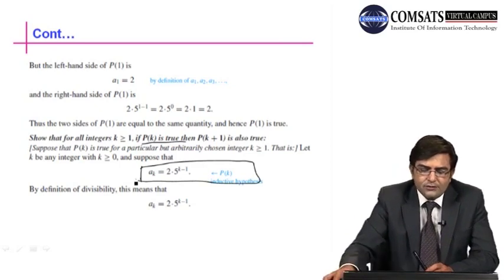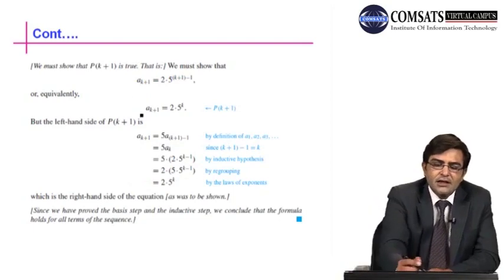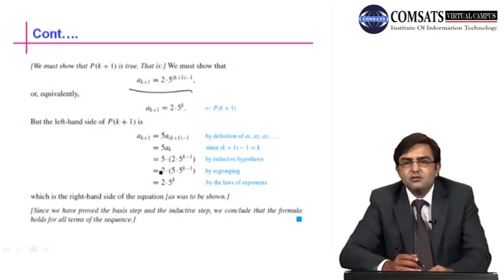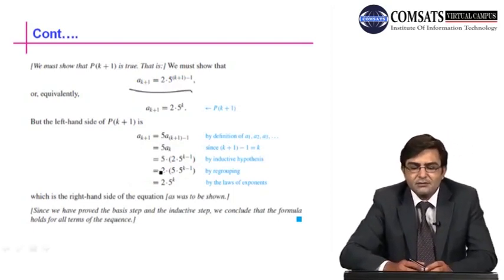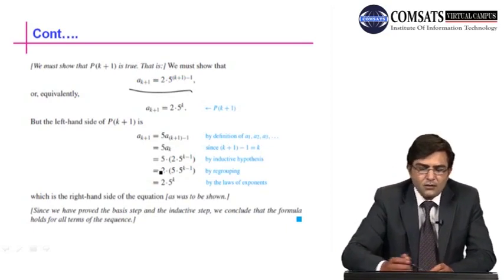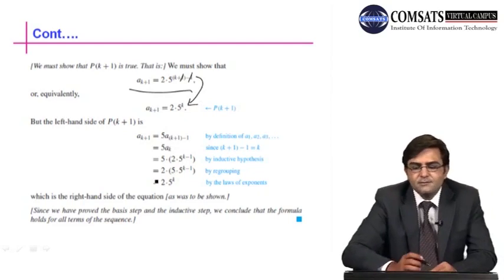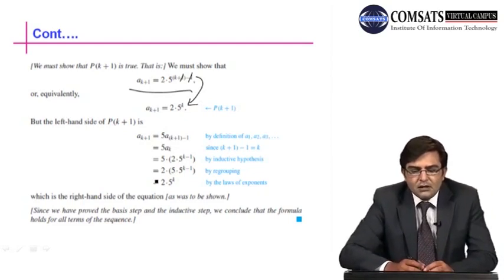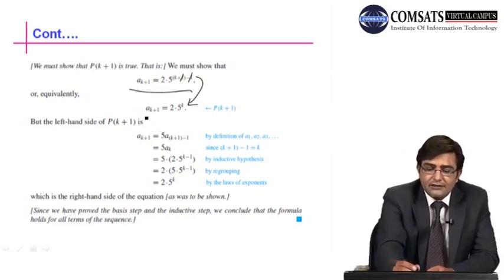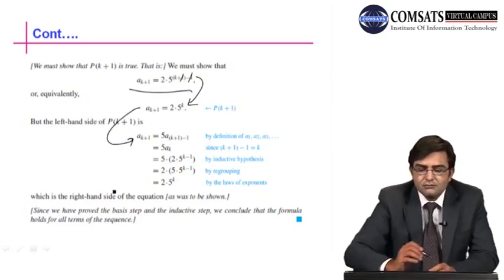And we have to show that ak plus 1 is equal to 2 into 5 power k plus 1 minus 1, or this can be written as 2 into 5 power k, because 1 is cancelled out with 1. So to prove it, we take the left hand side, ak plus 1.